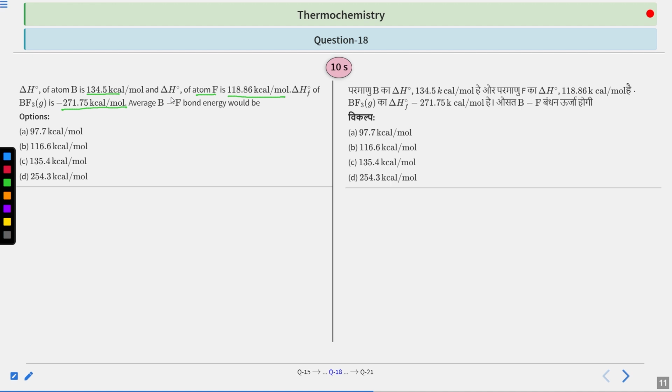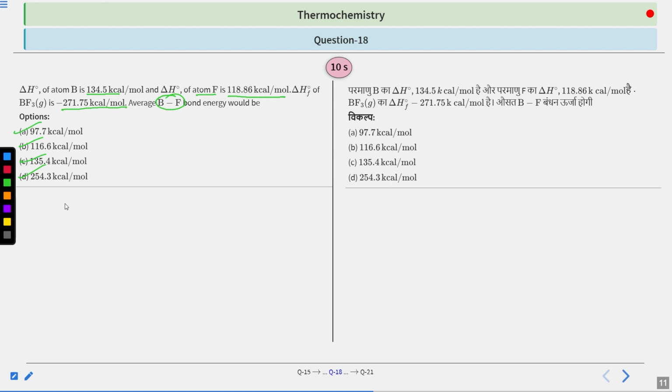Now I have to find the average BF, that means the average amount of energy to break the BF bond. Your options are A 97.7 kilocalorie per mole, B 6.6 kilocalorie per mole, then C 135.4 kilocalorie per mole, and D 254.3 kilocalorie per mole.